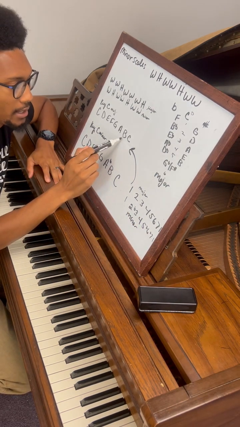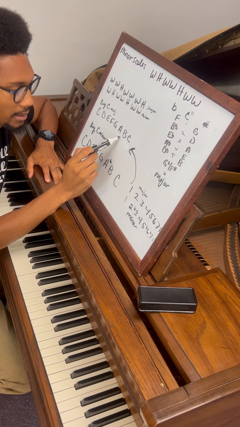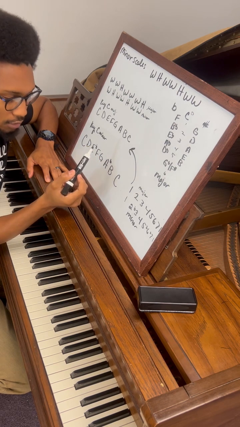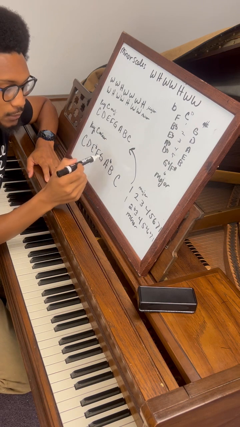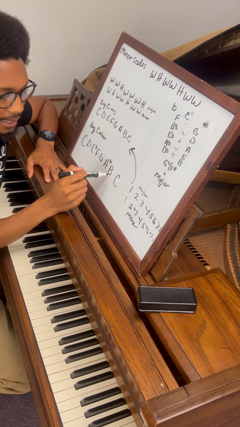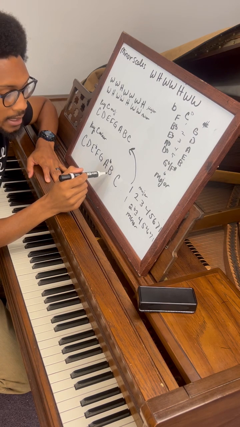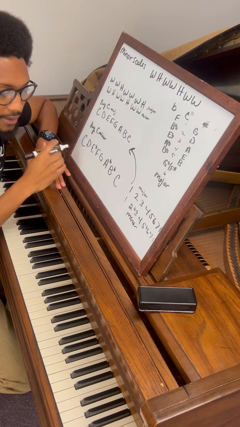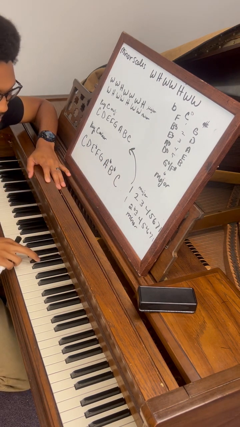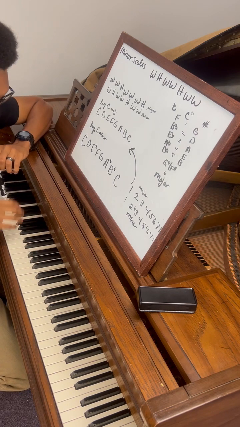So if I look at my major scale, I see that A to B is a whole step, so that's cool, but that note's not flat, so something else is wrong. That's if you're comparing the two. If I look at this, I see that I've got no flat here at all. So now it tells me position 7 needs to be flat. So now I've got my entire minor scale.